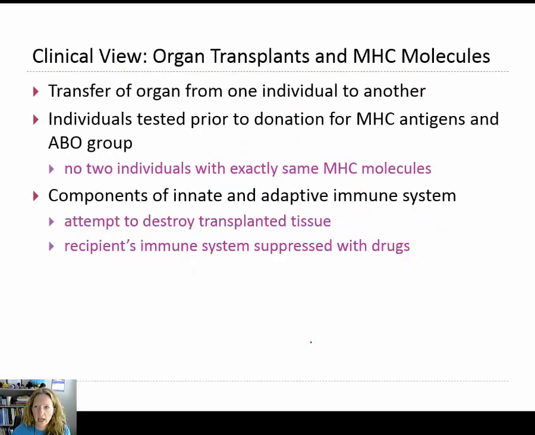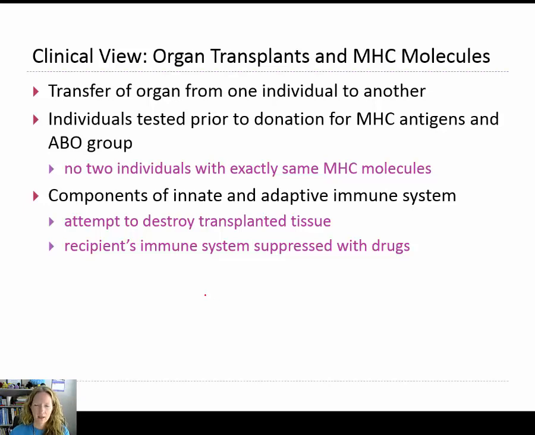So let's go ahead and take a look at organ transplants and why these MHC molecules are so important. When an individual needs a new organ and needs a transplant, whether it's a kidney or a heart or a lung or anything like that, interesting fact, the only organ that doesn't have to be matched is the cornea.